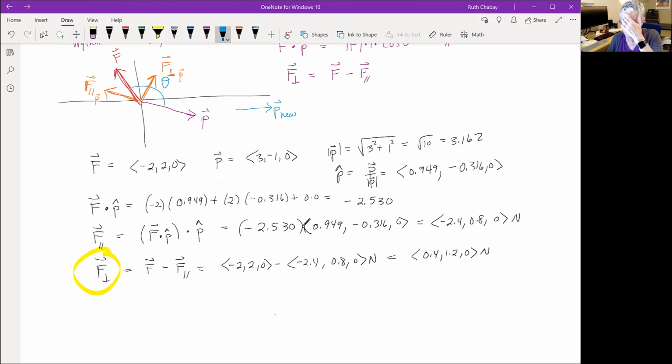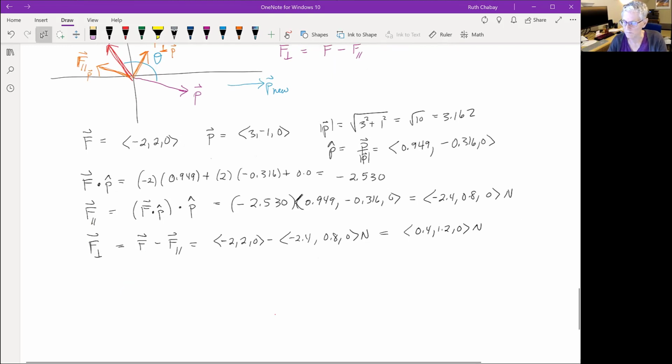Okay. So how did we know how to multiply F? And it wasn't exactly F we multiplied by P hat, was it? So let's back up, because that's a good question. Where did this step come from?